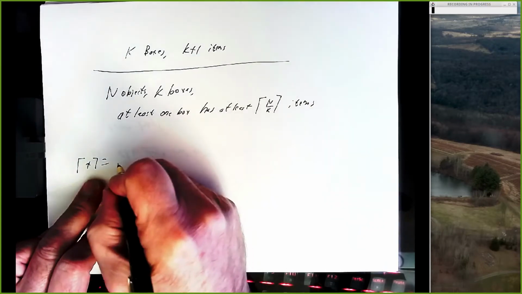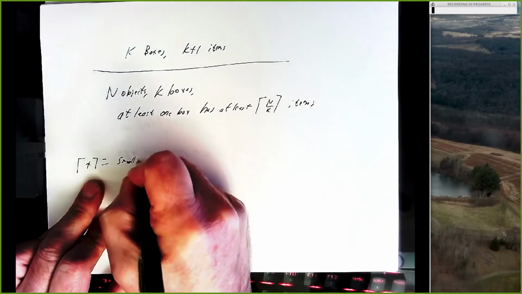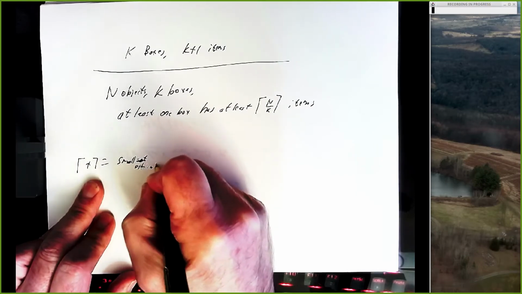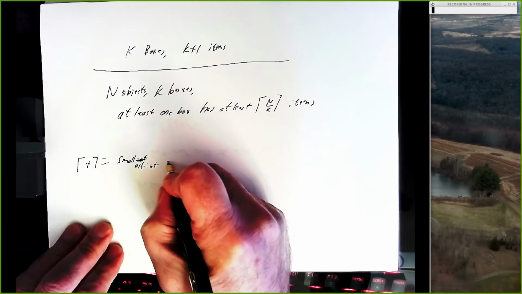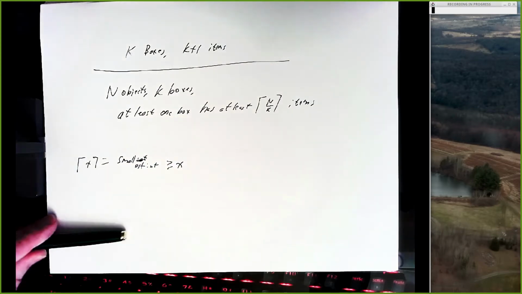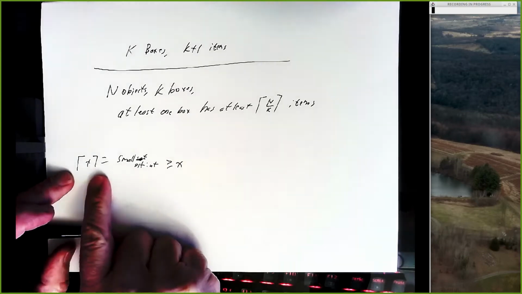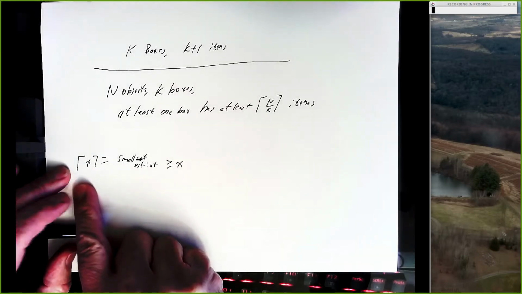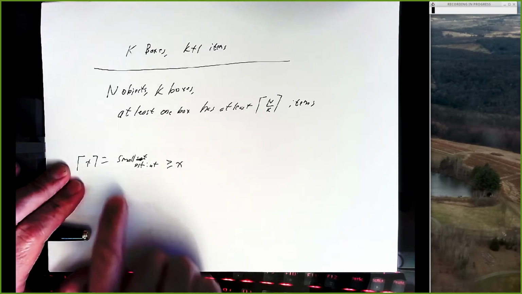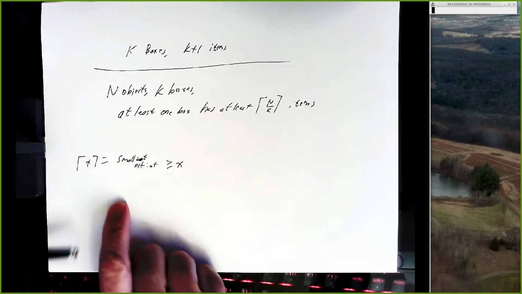The ceiling of x equals the smallest integer bigger than or equal to x. So if x is an integer, the ceiling is just x. But if x is an integer plus a little bit more, it's the first integer you find that's bigger than or equal to x.